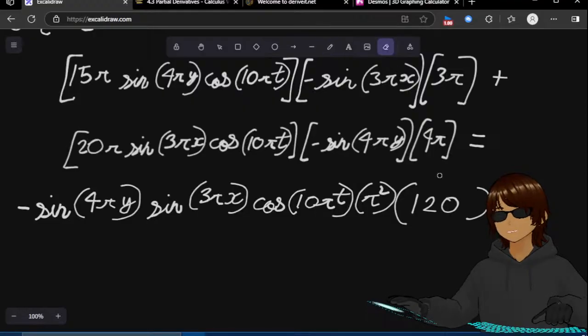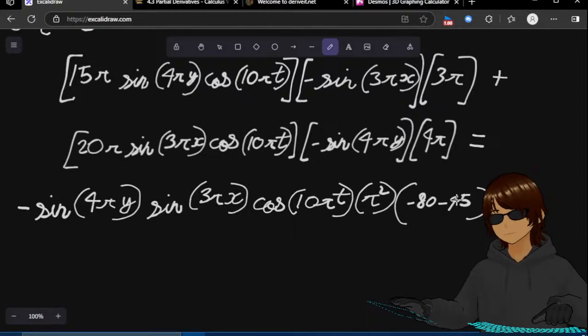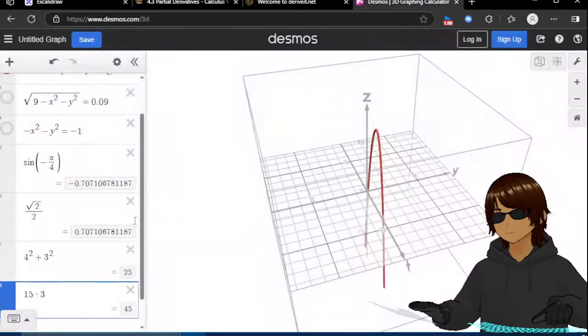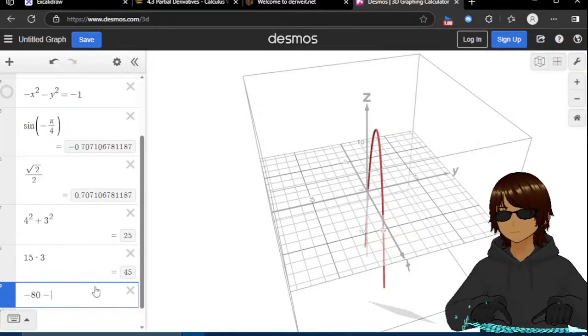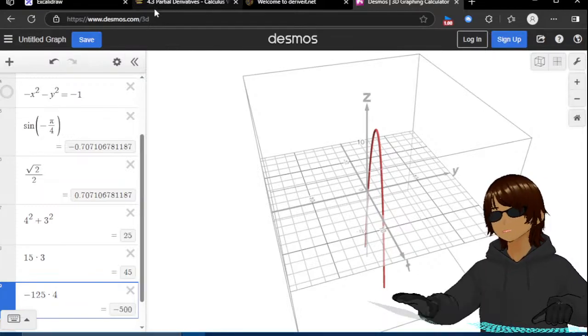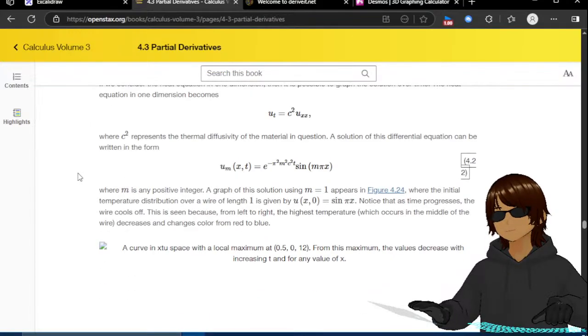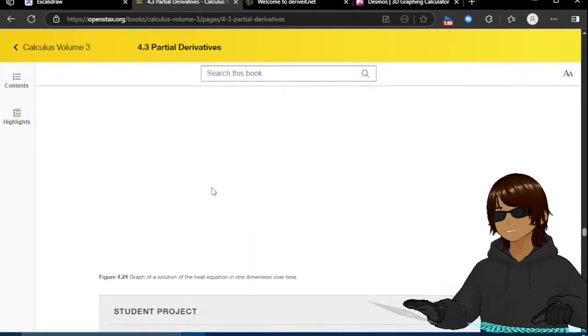We got minus 80 and minus 45. This is a minus 125. Minus 125 times 4 is... Okay, then I got it right. Yeah, that took so long.